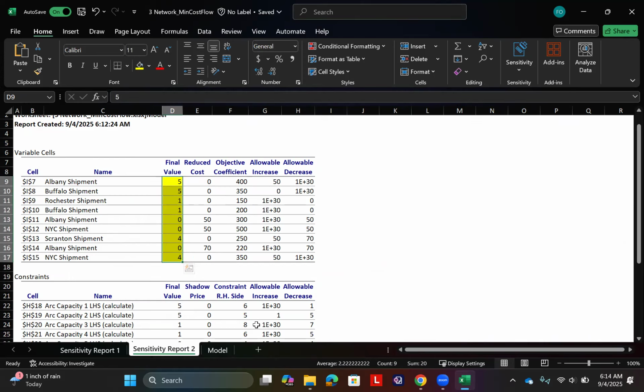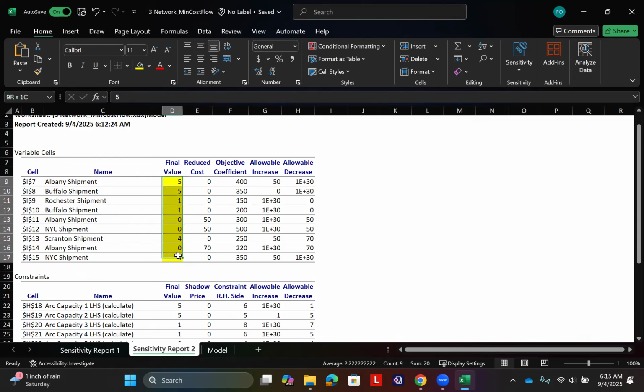However, the green cell, which is objective function number, will change because if I increase the cost, obviously the total cost green cell will go up. For example, if I increase by $5 from 400 to 405, basically 5 times 5, which is $25 of increase, should be observed for the objective function value.